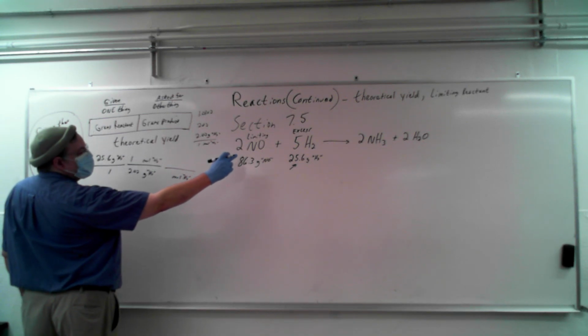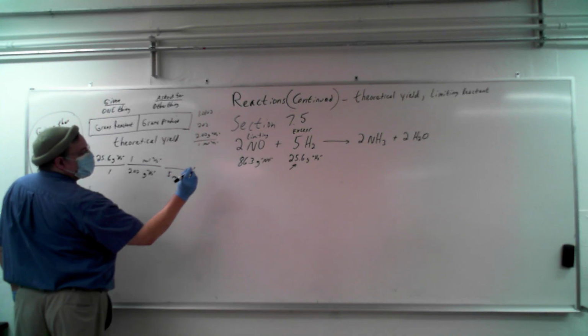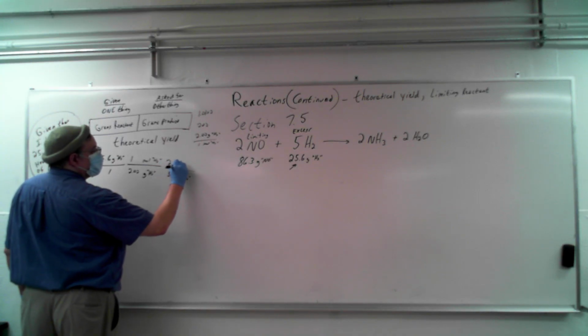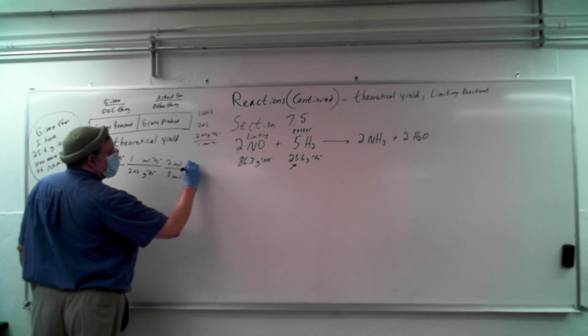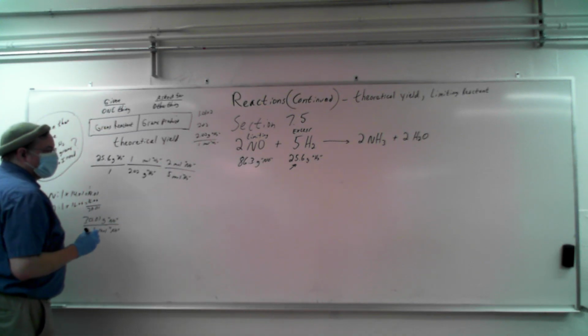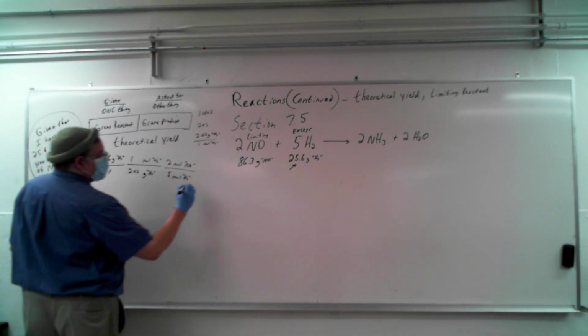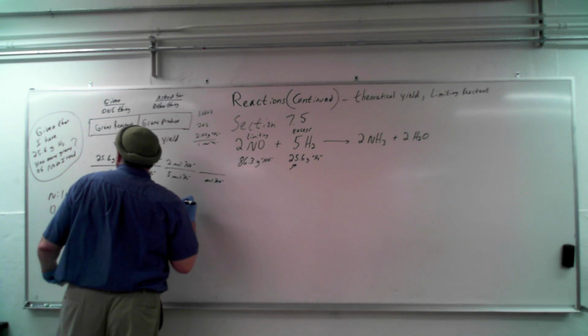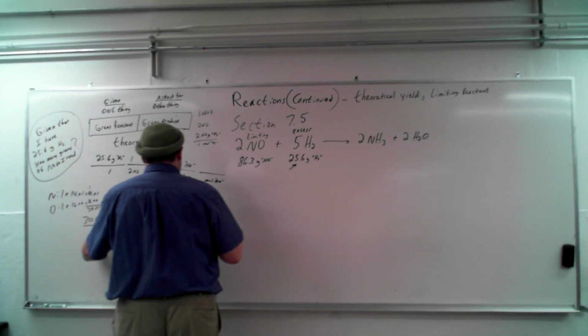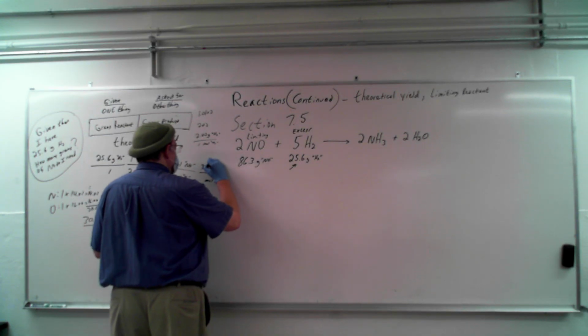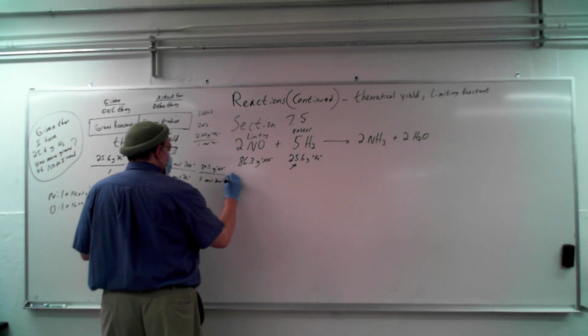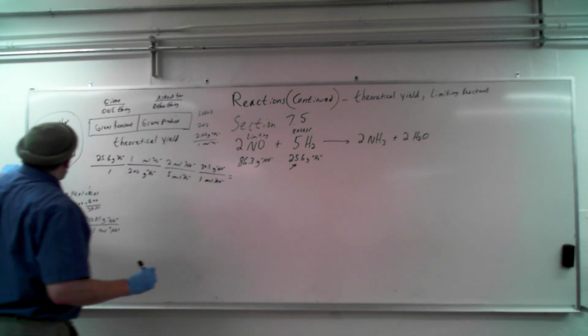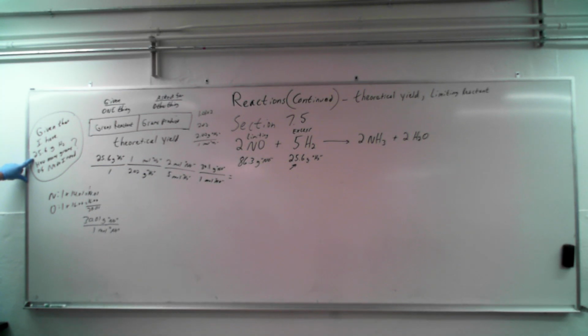That's this: 5 moles of H2 for 2 moles of NO. And then last, I need moles of NO, and that's going to be this 30.1 grams. That's going to tell me how many grams of NO I need, given that I have 25.6 grams of H2.